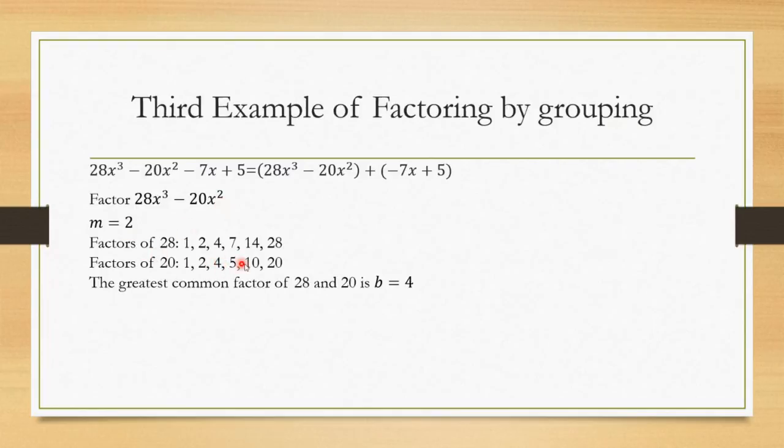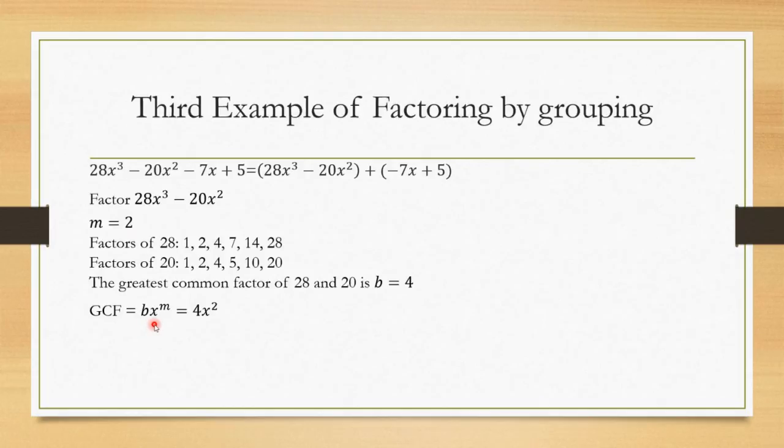Here, I'm just listing the factors of 28 and 20 because we want to get the biggest common factor among these numbers. And as you can see, that turns out to be 4. So we have a 4, and we have m equals 2. Again, this is what the GCF of any polynomial, in this case this little group, looks like.